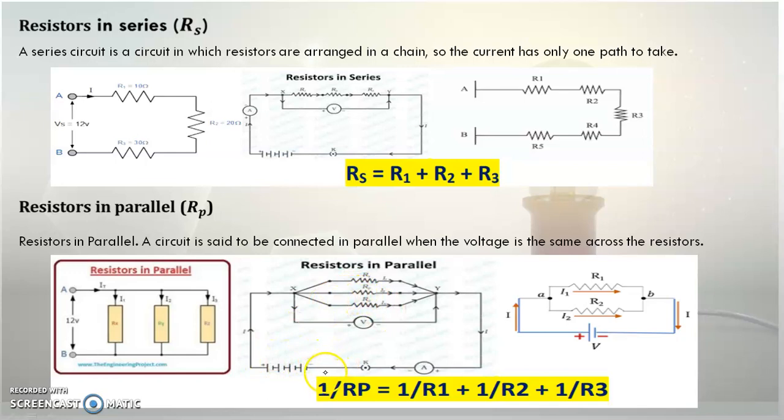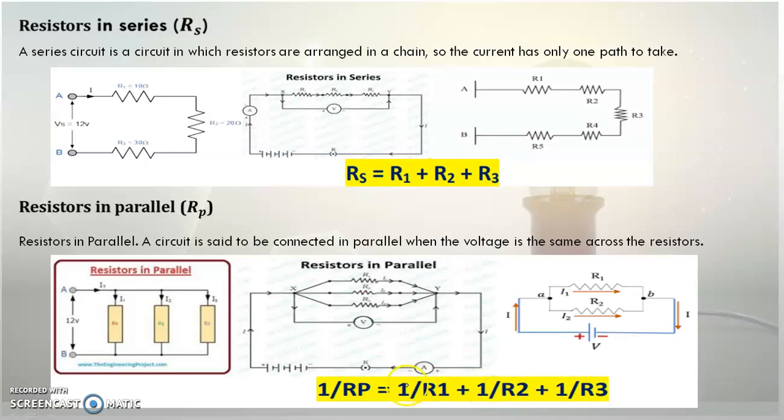The formula to calculate here is not like in the series connection; here reciprocals are used. So 1 by Rp, where P is parallel, is equal to 1 by R1 plus 1 by R2 plus 1 by R3.